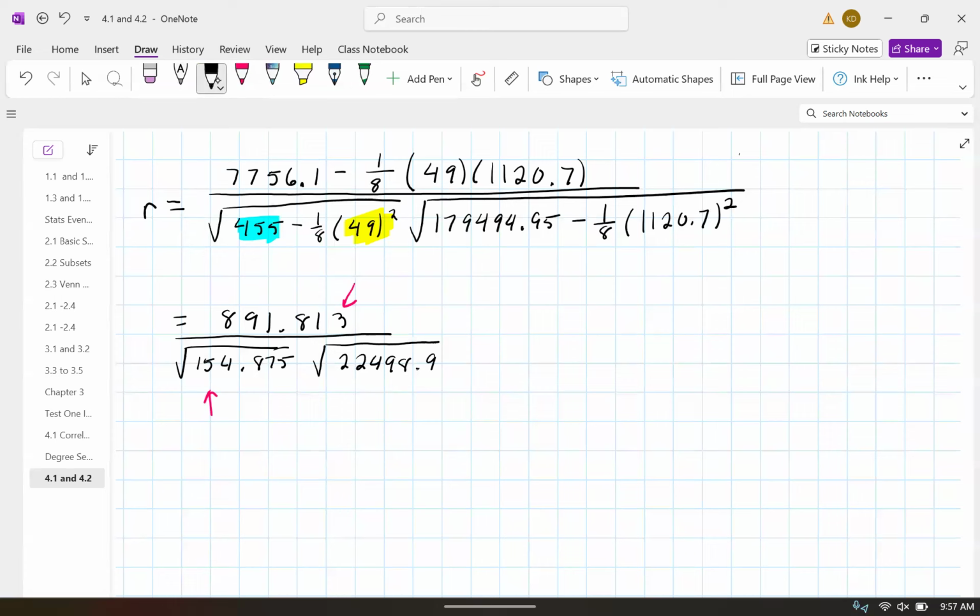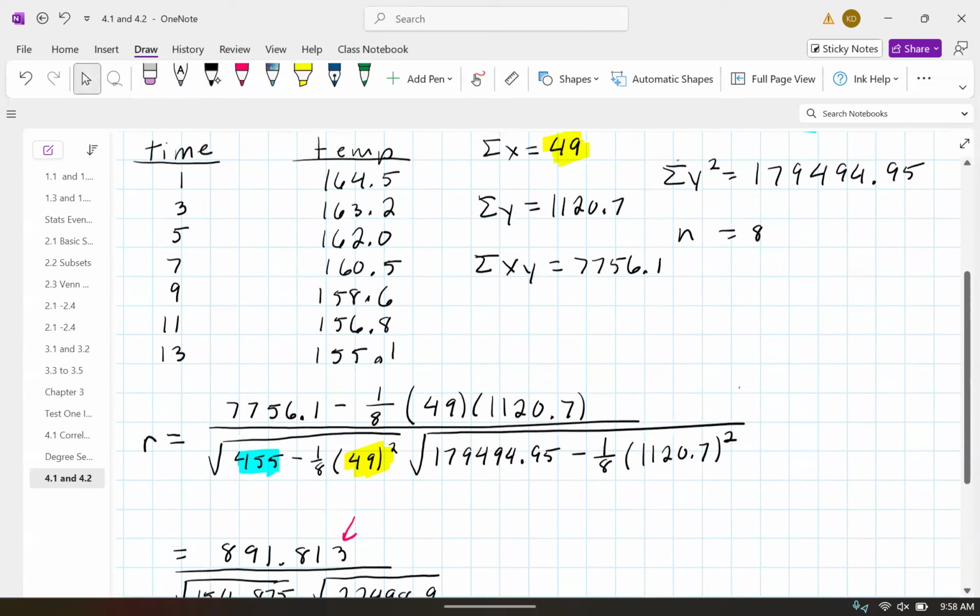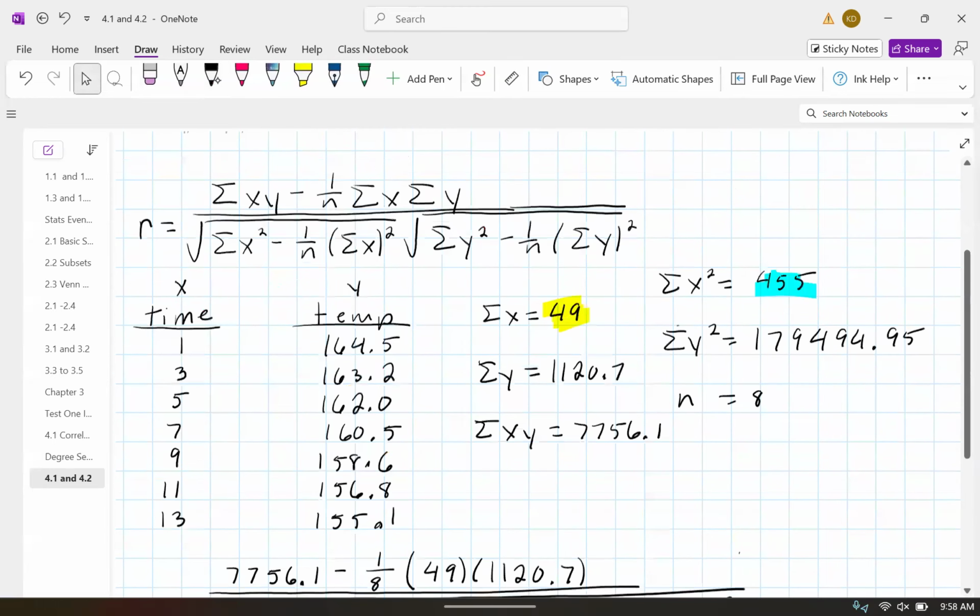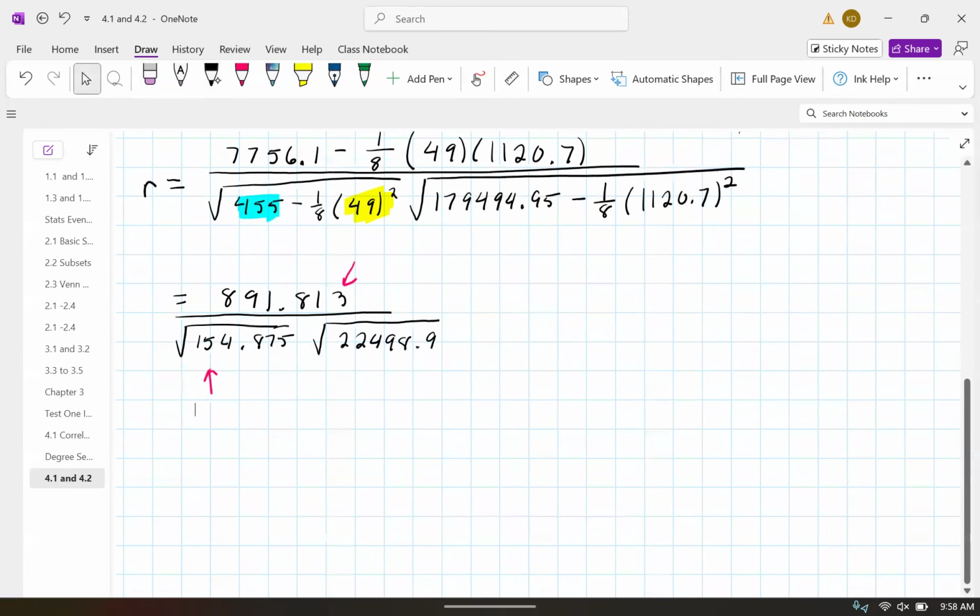891.13 divided by square root 154.875 times 2 times that guy there. Ooh, really? Yikes.